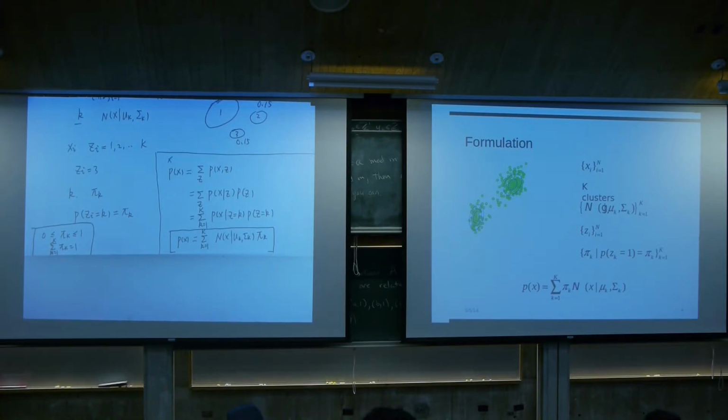So we are using the set of pi_k's to mix this set of capital K Gaussian distributions. This is taking a convex combination of a set of Gaussians. That's why it is called a mixture.